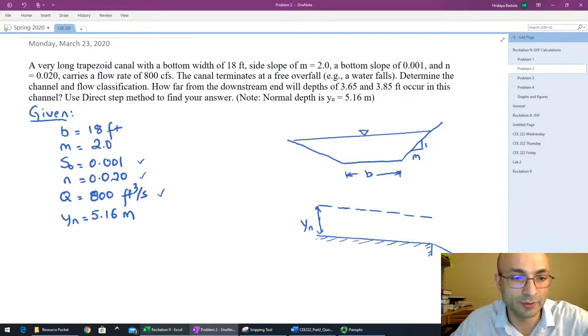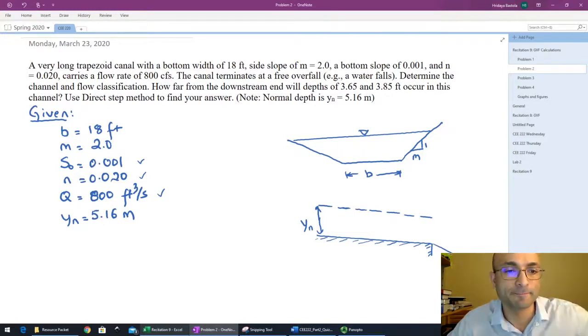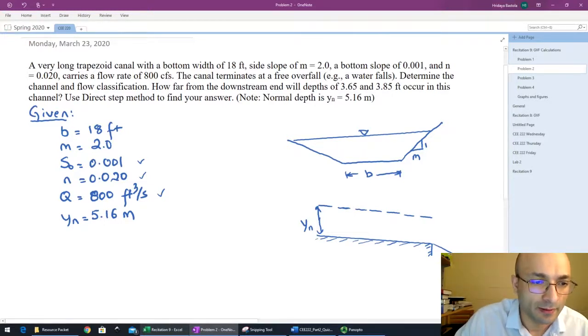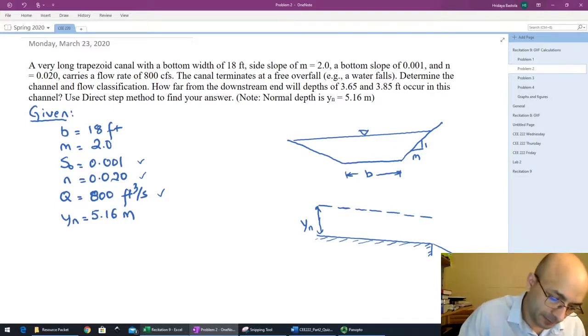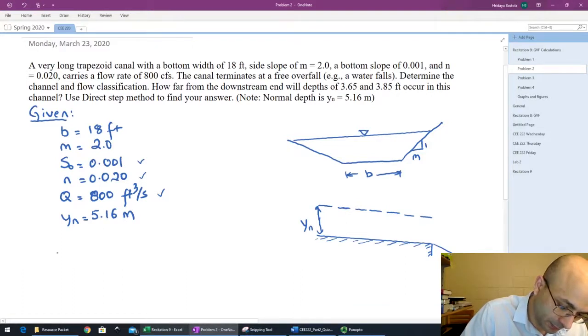So in this situation, we will find the critical depth first. So we start with Manning's equation.